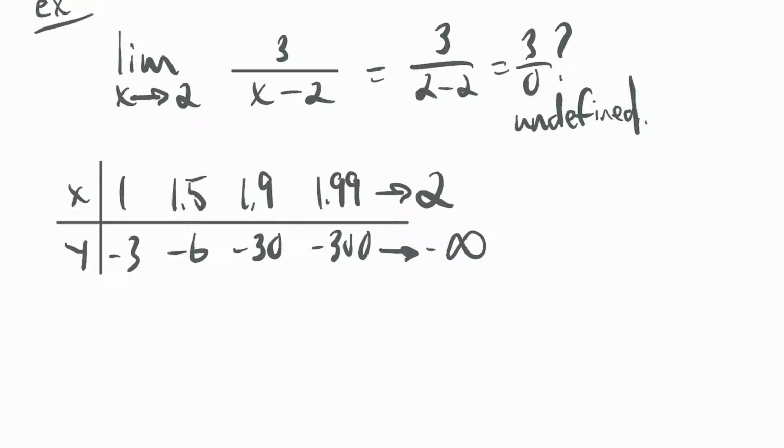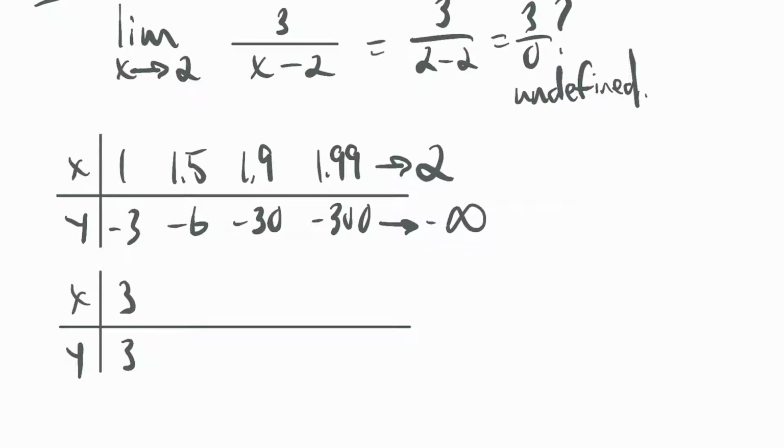Okay, so let's clear this out. Let's do the other side. What about as x goes to 2 from the right? Let's start at 3. If I plug in 3, I get 3. If I plug in 2.5, so 3 over 2.5 minus 2, I get 6.